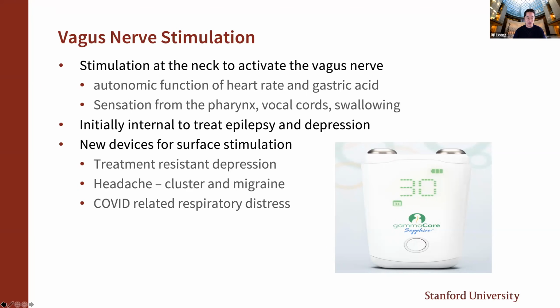Now, I need to make a disclaimer here before everyone starts to go out and buy vagus nerve stimulators in order to prevent COVID. That is only for absolute areas of respiratory distress where there's something called a cytokine cascade.